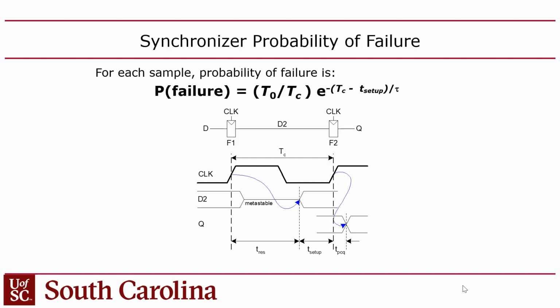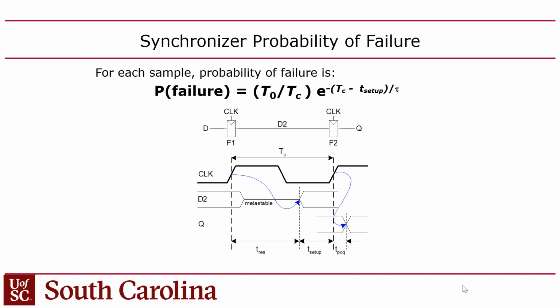Okay, so you can calculate the probability of this whole thing failing. What you do is, for the t value that I gave you before, the resolution time, instead of just using t, you take the clock period and subtract the setup time. That's the amount of time you have for the first flip-flop to resolve itself before it goes into the second flip-flop.